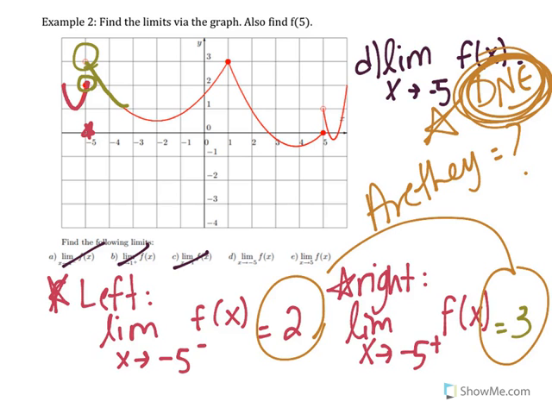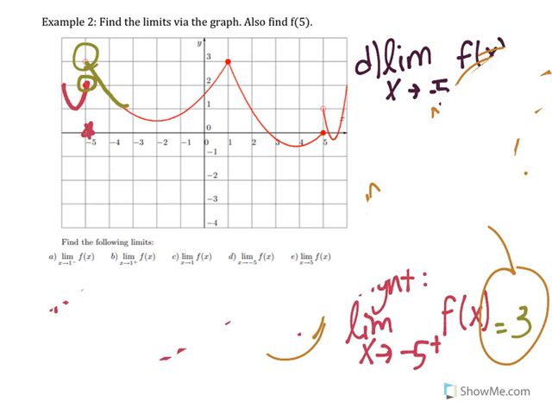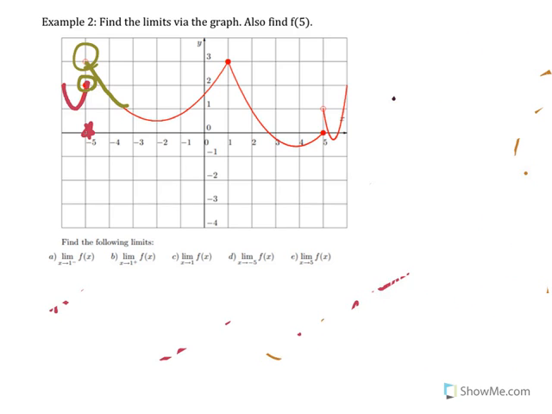And then last but not least, we're going to use this same graph, and we are going to find the limit as x approaches 5. So what you guys can see, if we look at 5, I'm just going to clear out all this bottom. So now we are approaching +5.